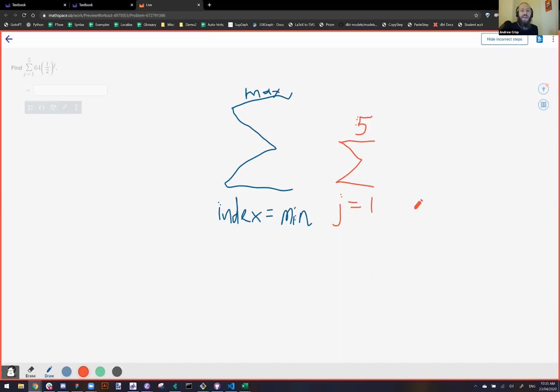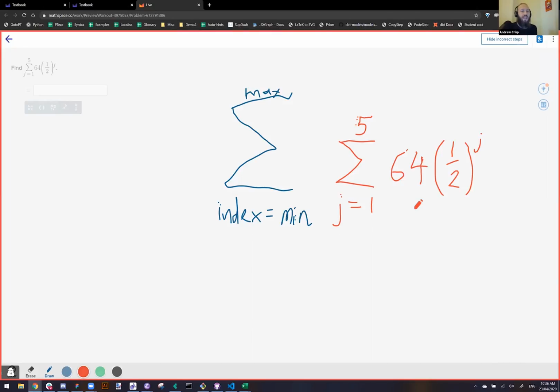And then we just write down what's going on here: 64 times 1/2 to the j. So the index will almost always appear in the expression.